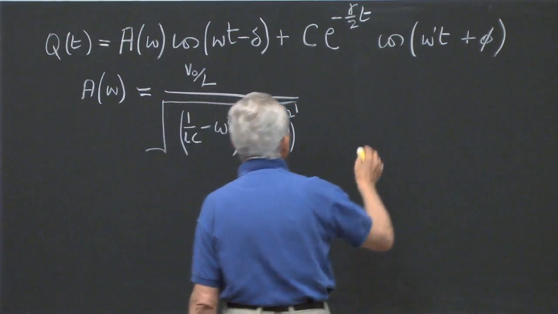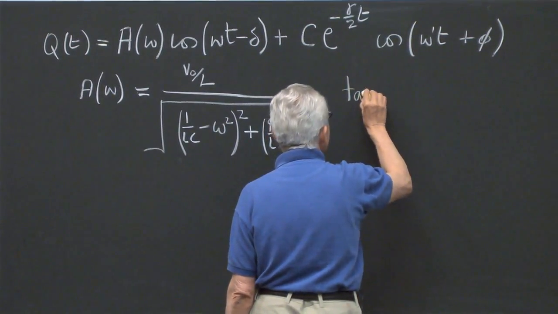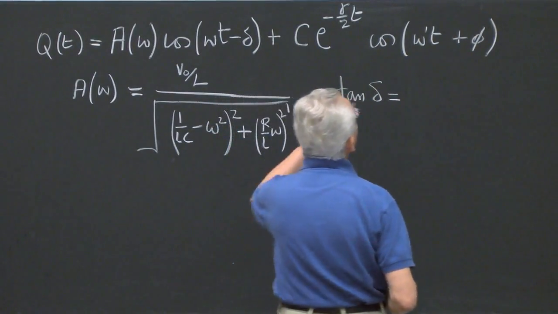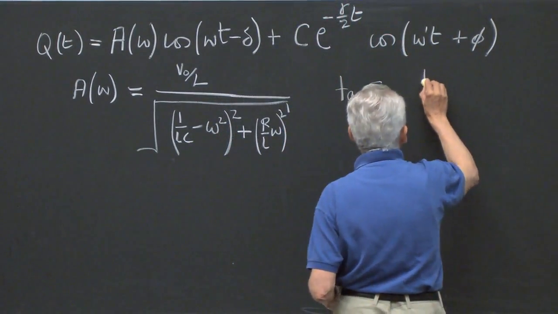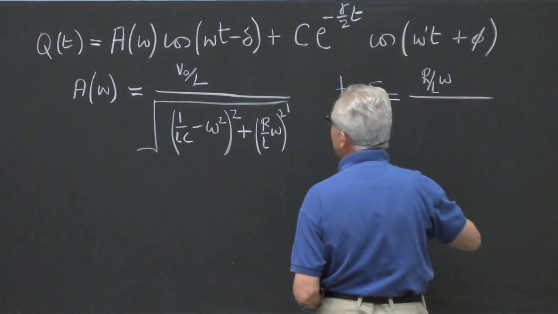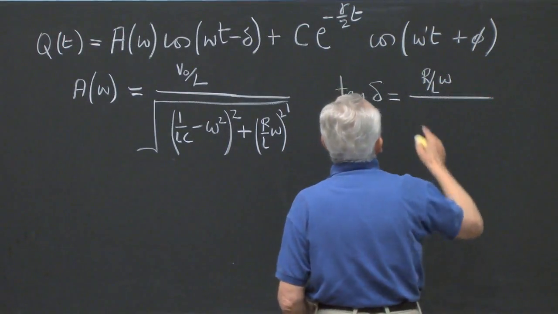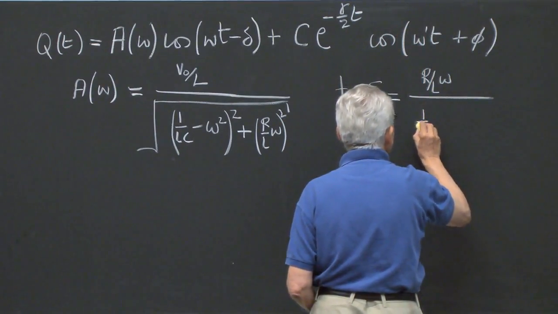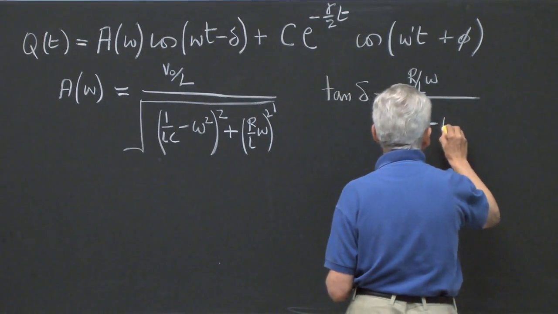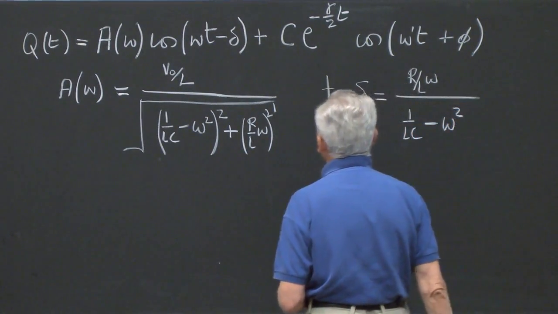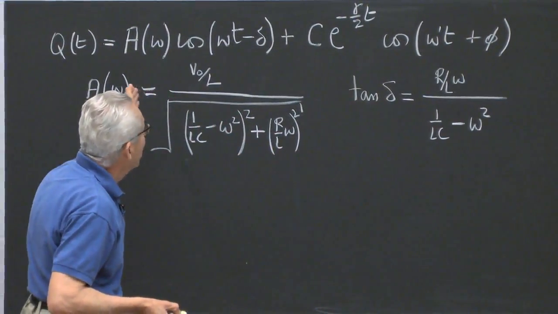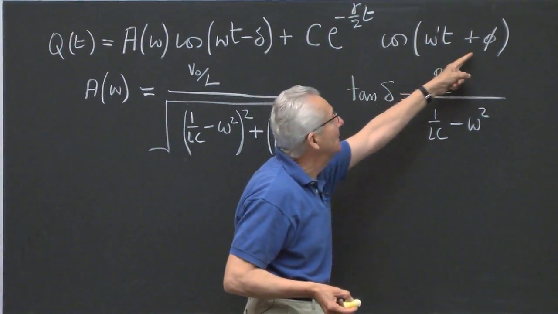And tan delta is equal to gamma omega, gamma is R over L, omega, divided by omega 0 squared, which is 1 over LC, minus omega squared. Okay? So far we know everything except the C and the phi.